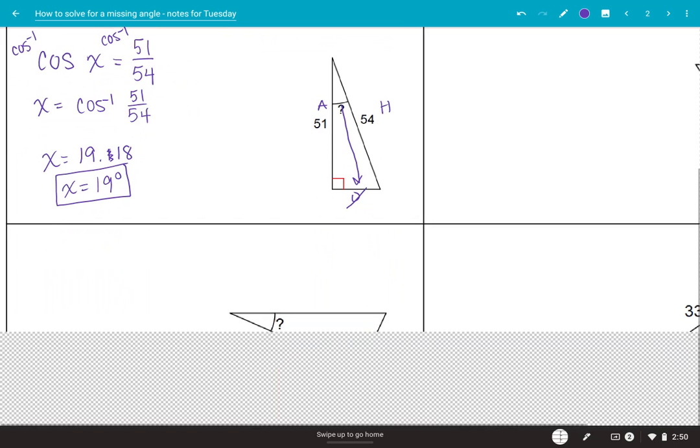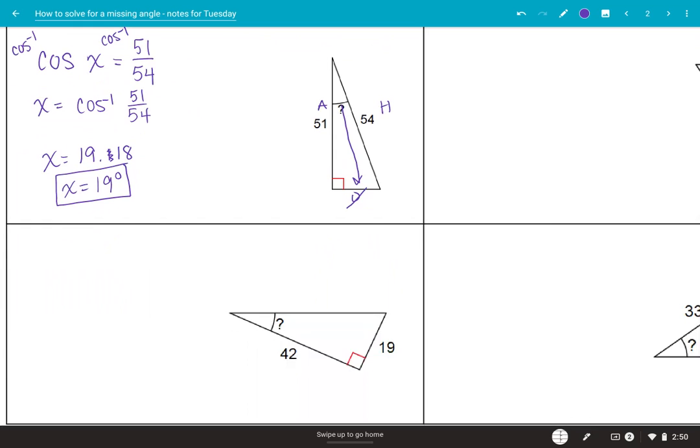All right. Next one again. Opposite, hypotenuse, adjacent. This time, hypotenuse is gone. So we're going to use tan. So tangent x equals your opposite over your adjacent. We want to do the inverse to get x by itself.